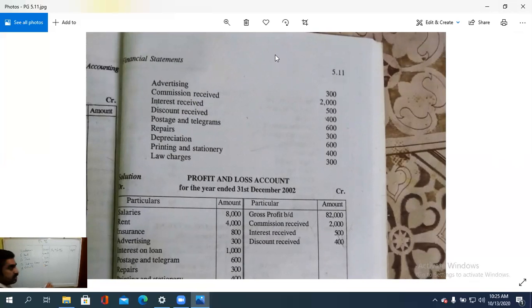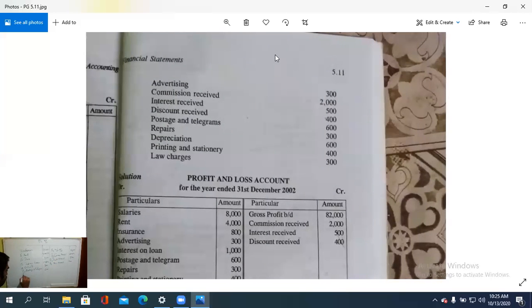Then commission received. So income, commission received, how much? 2,000. Then interest received, 500. Then discount received, 400. Then postage and telegram, that is an expenditure item. Postage and telegram, it is 600.